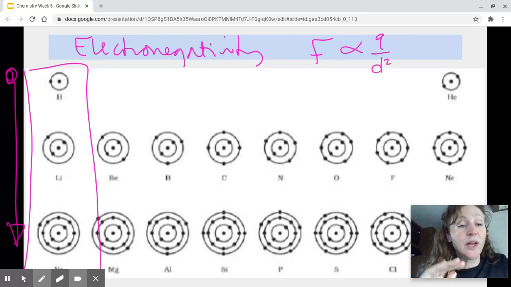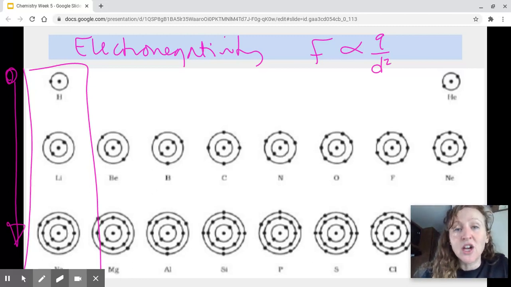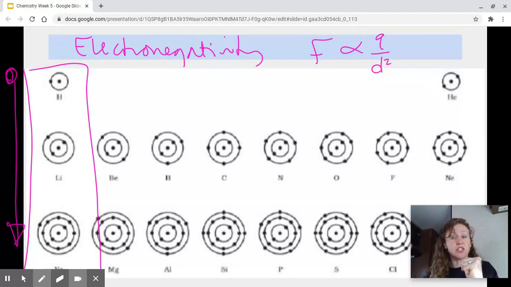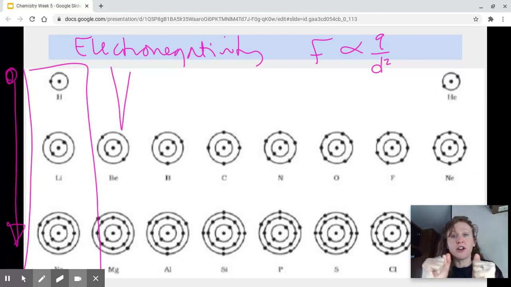Okay, again, we have increasing charge, but we also have increasing distance because of those increasing energy levels. And so top to bottom, electronegativity, or the force of attraction, the ability for the nucleus to attract an electron that's outside of the atom, is actually going to decrease. So the farther and farther away that open orbital gets, the less the nucleus is able to attract an electron into that open orbital.